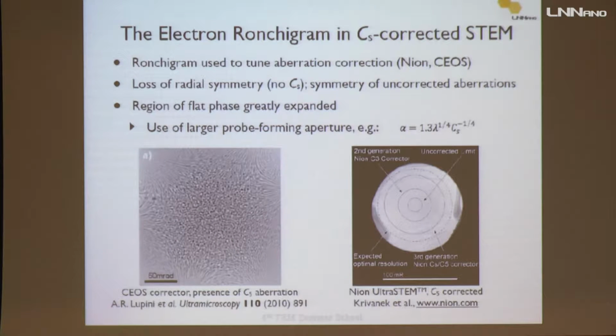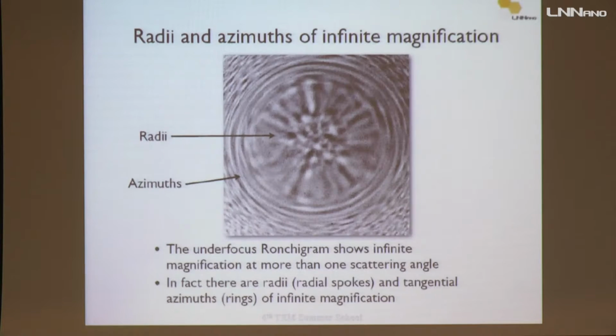When you go to a corrected machine, what we get is a very larger area inside the Ronchigram where you do not have any distortion, okay? All of these parts, first this radial distortion, and then the azimuthal distortion, you may be able to see that there are more than one circle around the Ronchigram.